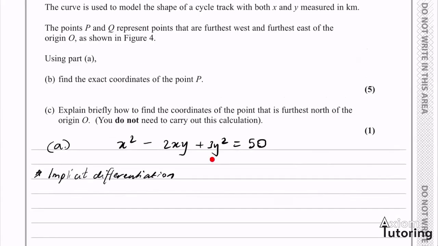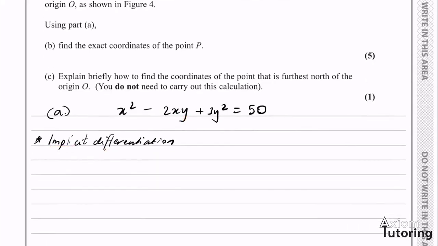In our expression we have y squared and xy, and y is in terms of x. But because we have them combined in our terms, we're going to have to differentiate x with respect to x first, and then y with respect to x. Hence why we want to use implicit differentiation here.